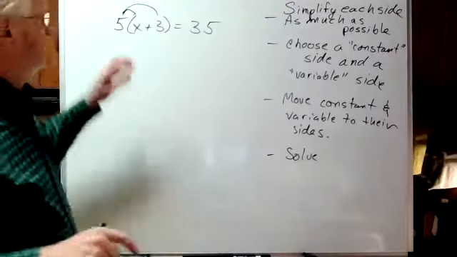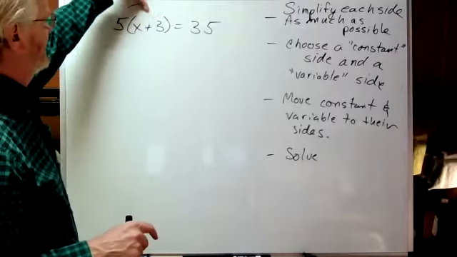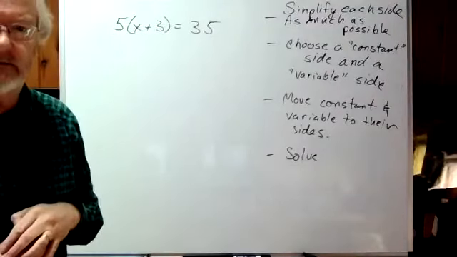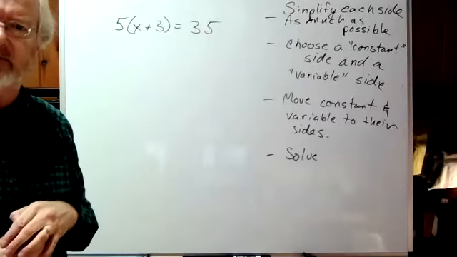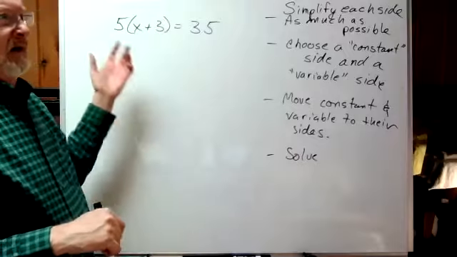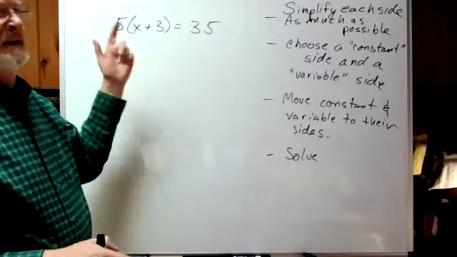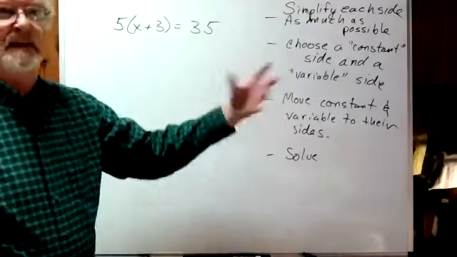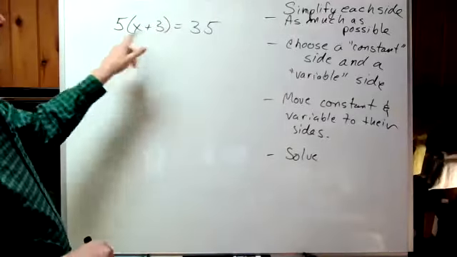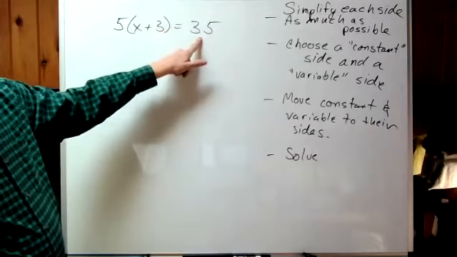The other thing that maybe some of you are thinking is, well, can't I just divide by this 5 right now? Well, you can if you think it's going to be neat enough. It's like remember where I said I don't want to divide by the 3 too soon because then I get fractions, messier numbers in my problem. If I divided both sides by 5, well, that works, all right?